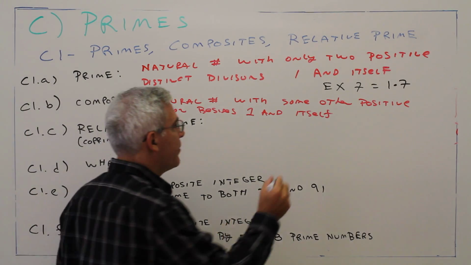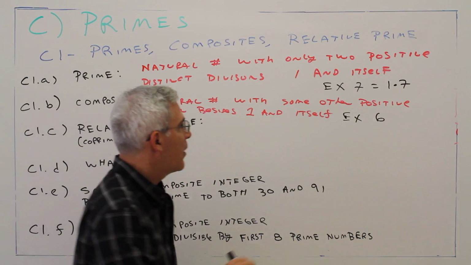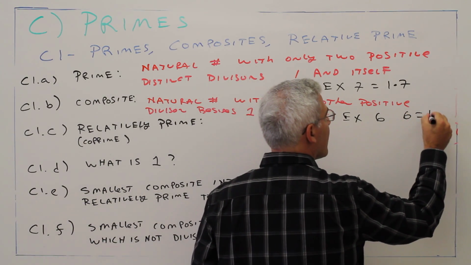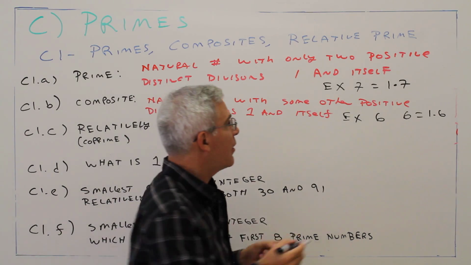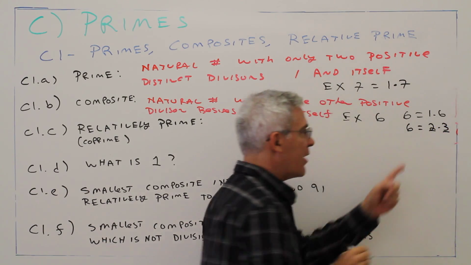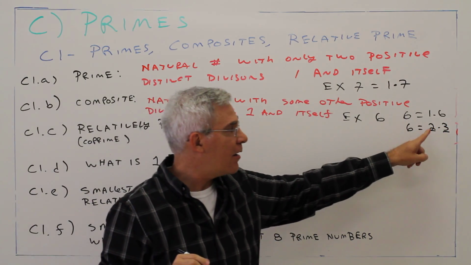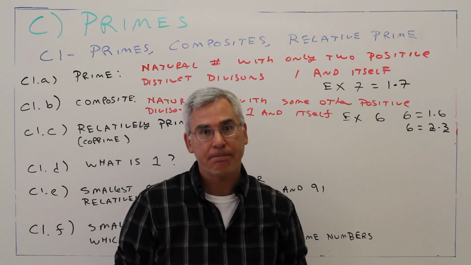So an example would be 6, because 6 equals 1 times 6, well, that's not showing it, but 6 is 2 times 3. So I did find a different positive divisor besides 1 and itself.